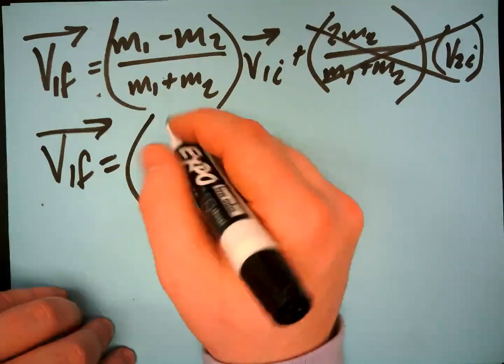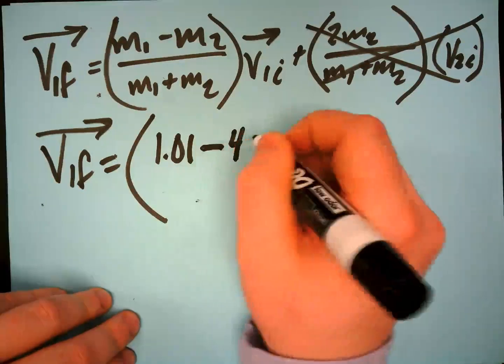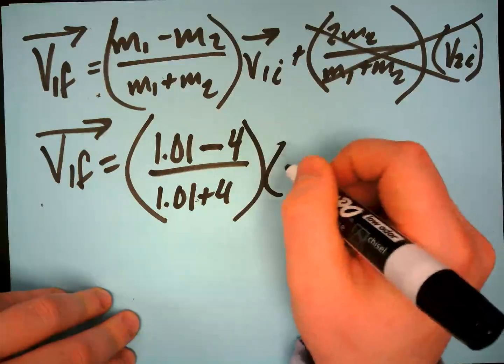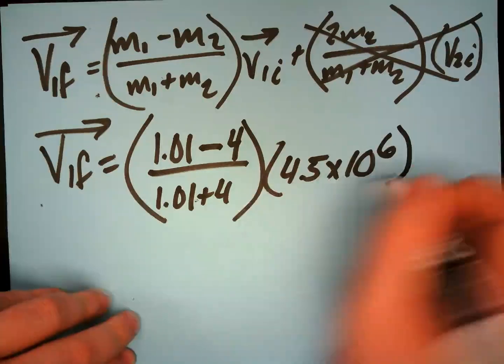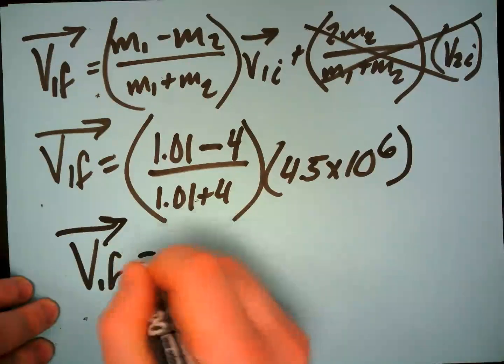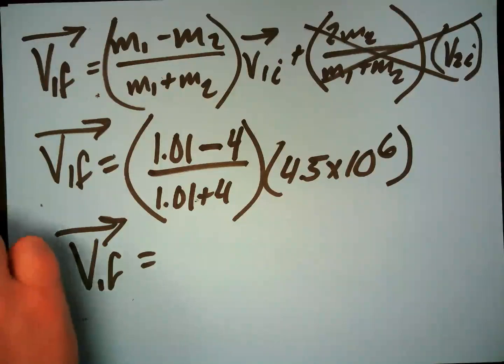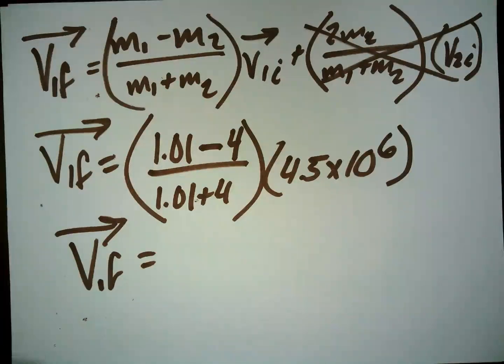So M1 minus M2, so that's going to be 1.01 minus 4 over 1.01 plus 4 times the 4.5 times 10 to the 6th power. So that means that was negative 2.99 divided by 1.01 plus 4 times 4.5 times 10 to the 6th power.